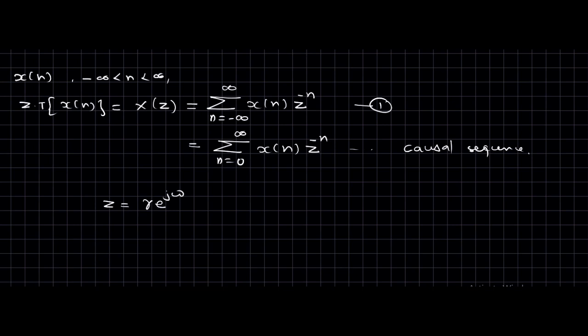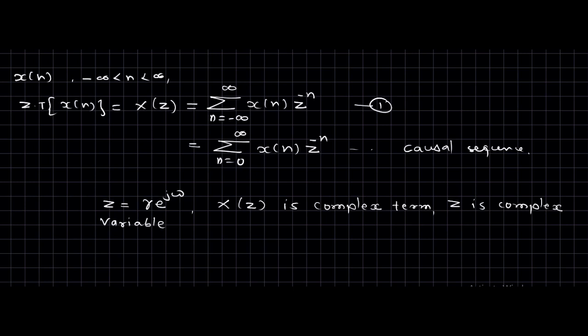If it is z equal to r e raised to j omega, it clearly shows that X of z, whatever the calculation we are obtaining by performing this operation of summation, is a complex term, where z is a complex variable.